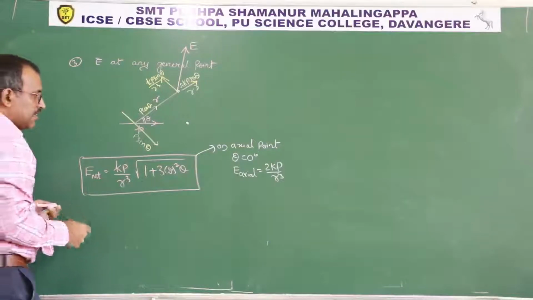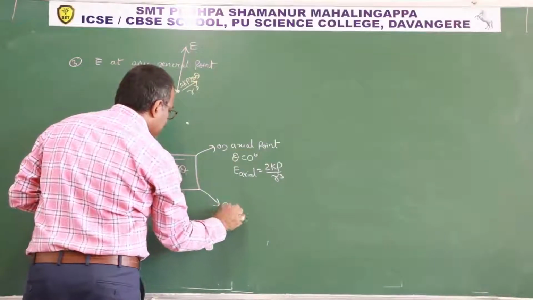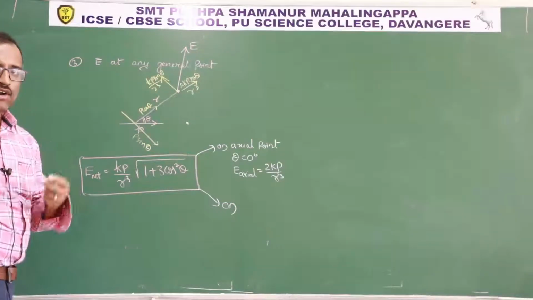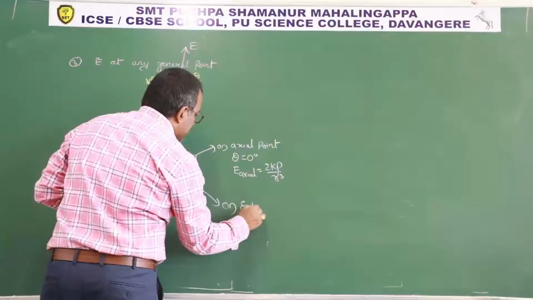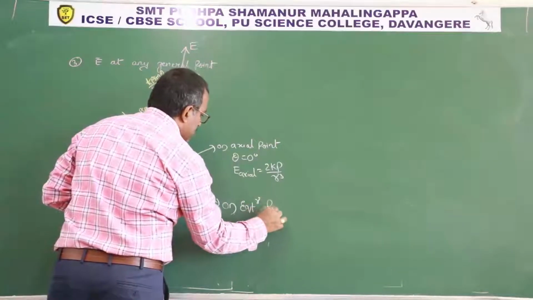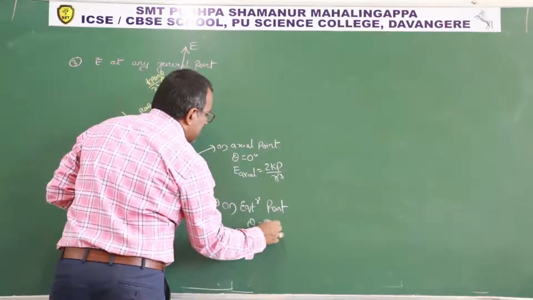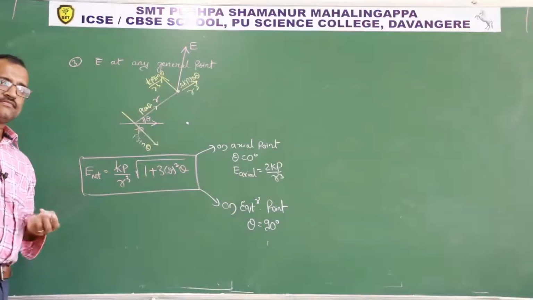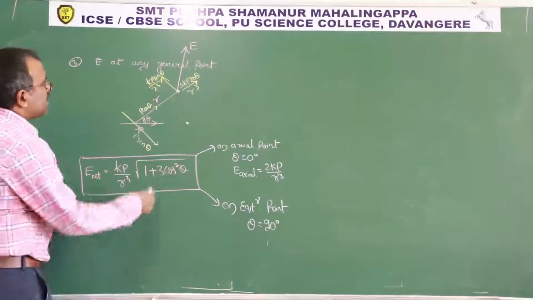Clear? Now, on the equatorial point, theta is 90 degrees.